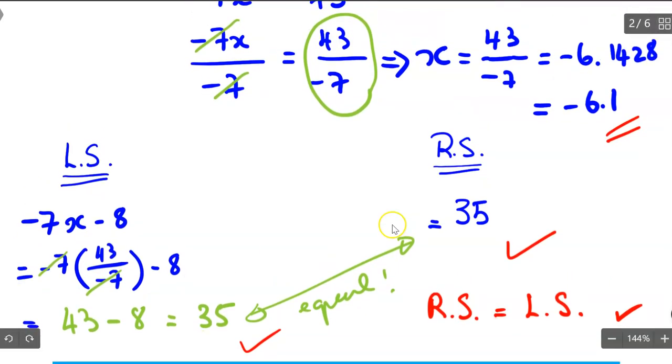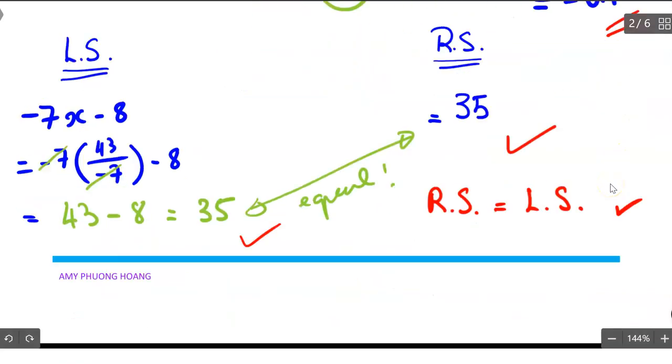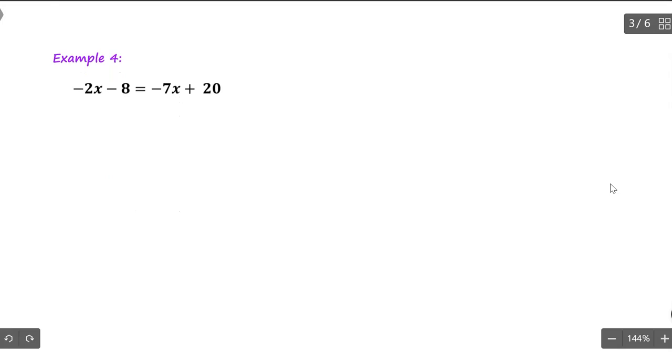And I don't use the rounded number here to check, because it may not come to the exact left-hand side equal to the right-hand side, because I already rounded my number. So when you check the solution, leave your final answer as a fraction when you check. Okay, so we apply this to the next example.